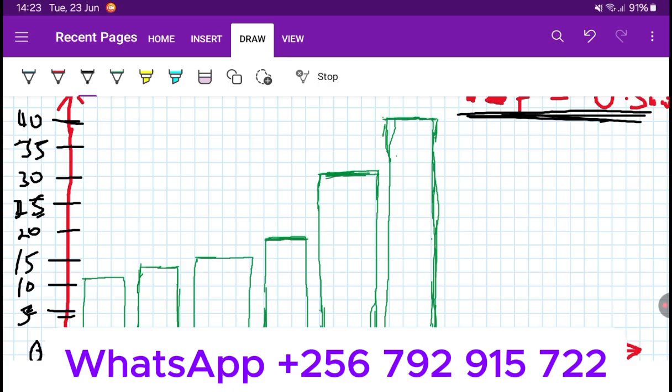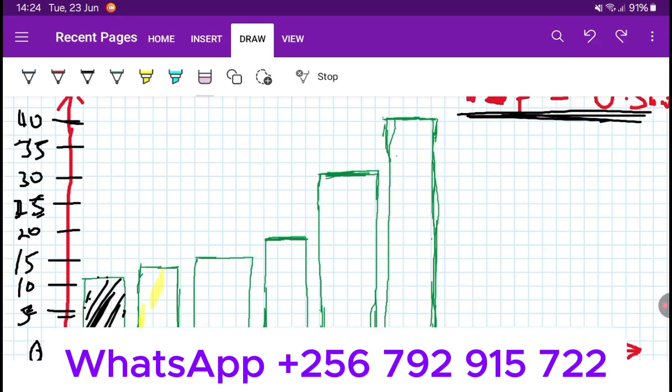The first person can say that since I'm dealing with the same information, I can come here to shade, and maybe I shade like this. I shade them using the same color.